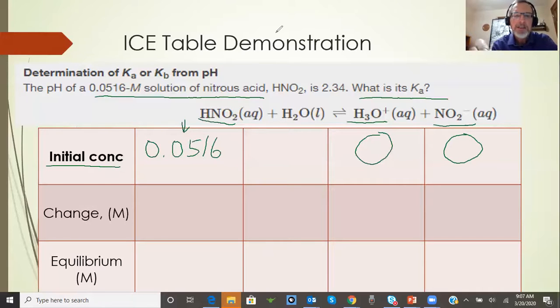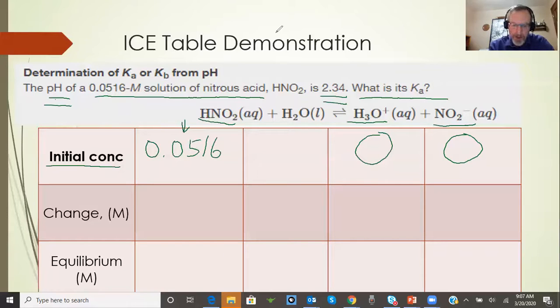All right, here it gets a little more interesting. We're given the pH. Now I'm going to double line this one. The pH is 2.34. Now we know that hydronium ion is a reflection of pH. It's another way to numerically express it using the pH scale, using the log scale.